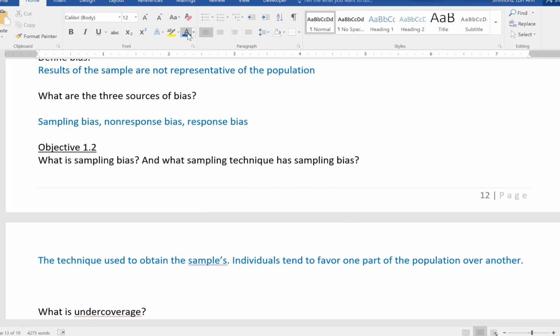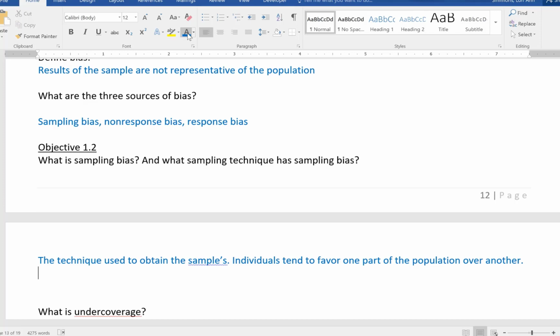So what sampling techniques have sampling bias? This could be, say, when you go to the mall and someone asks right outside of Scheels, do you like shopping at Scheels? Well, that would be a bias, right? Because obviously you just came out of Scheels and you like shopping there.